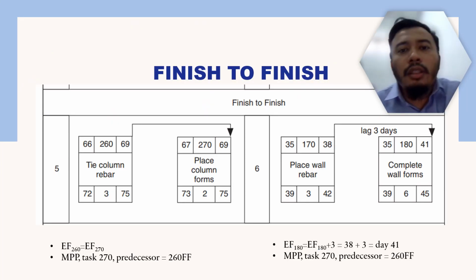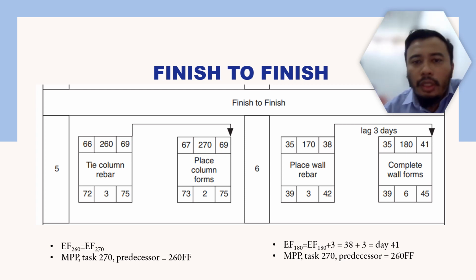So this is another relationship between activities, which is finish to finish. The two related activities will finish on the same day, or the condition of finish depends on the finish of another activity.